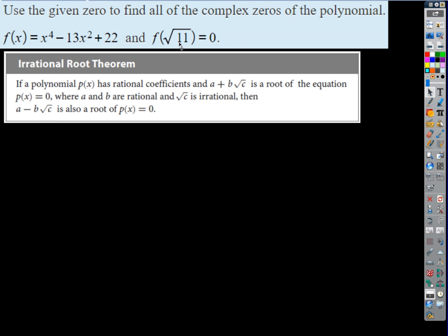So in this case, if I write the square root of 11 in that form, it's 0 plus 1 times the square root of 11, which must go with 0 minus 1 times the square root of 11, which is a negative. I know that f of negative radical 11 must equal 0.